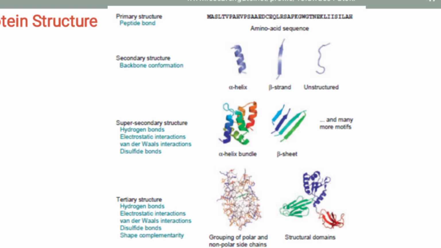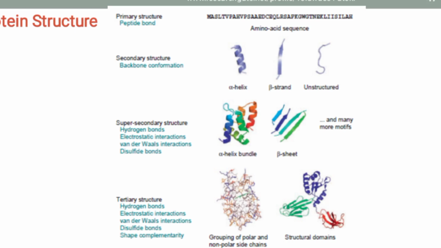Then for secondary structure, we have the formation of a backbone conformation. We have the formation of alpha helix, a kind of ribbon-like. Then we have beta strand, and then we have the unstructured, which is a kind of coil. Then we have, what is it called now? Beyond the secondary structure, we have what is called super secondary structure, where the helix and the beta strand interact differently.